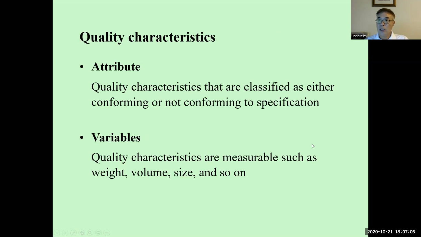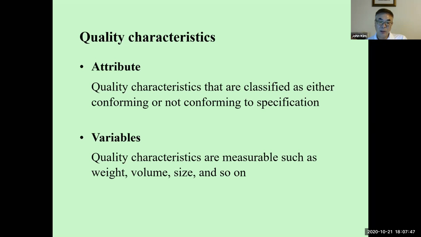Then quality characteristics: attribute and variables. In statistics, variables are divided into numerical variables and categorical variables. An attribute is a kind of categorical variable. When we test a light bulb, if the light is on, then we determine that is good.